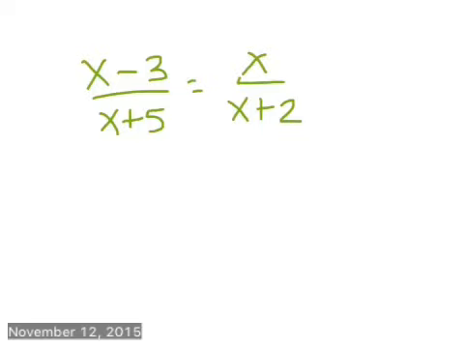X minus 3 divided by x plus 5 equals x divided by x plus 2. Okay, what do we do? Cross multiply.